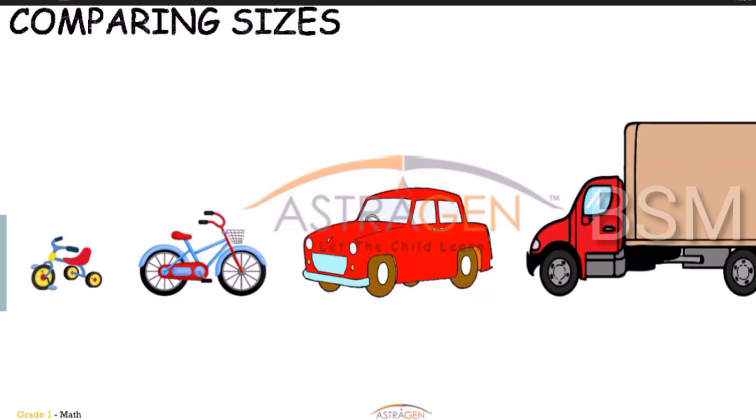The car is even bigger than the bicycle. But the truck is the biggest of all. So, we know small, big, bigger and biggest. Did you understand? So if we have four numbers, this is how we call them.